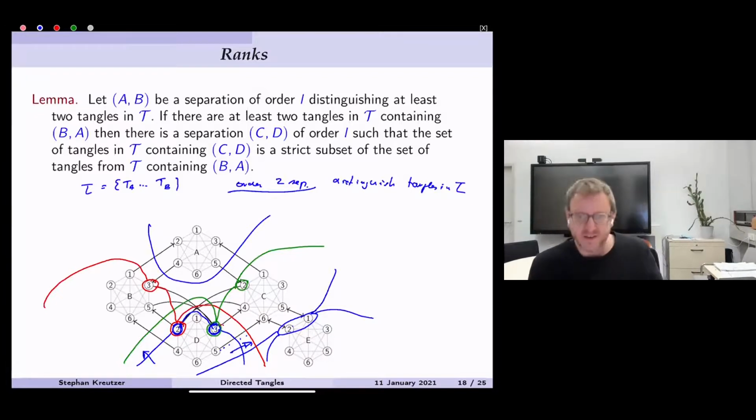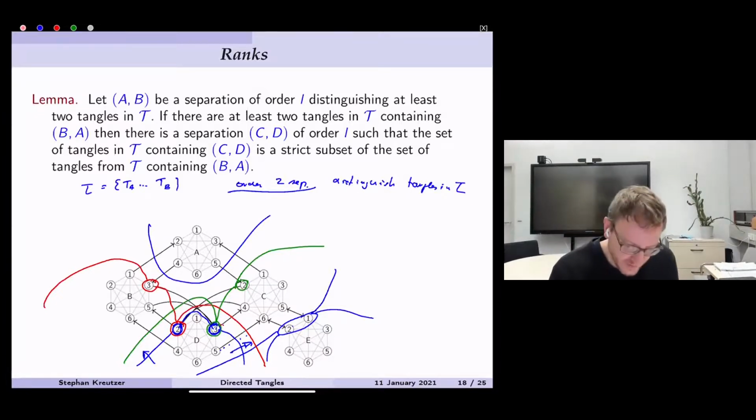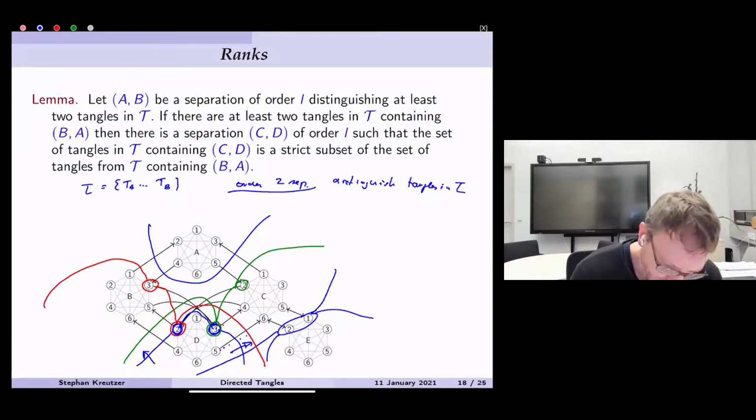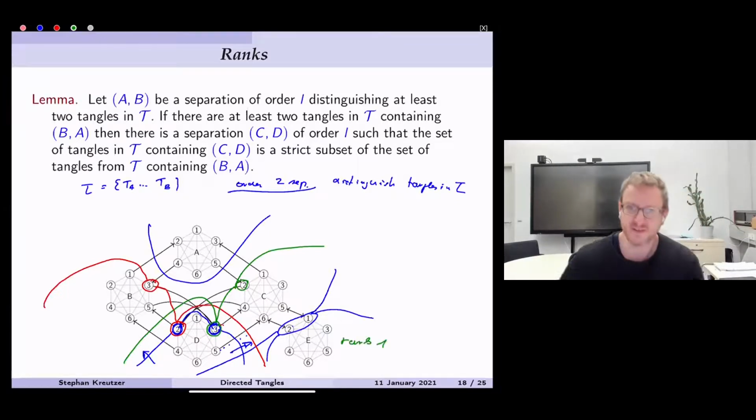And so what we see is different types of tangles in here, because there are some which you can just separate from everyone else. And then some where you can't separate them by minimum order from everyone else. And so we assign ranks to them. So this would be a tangle of rank 1, because you can separate it from everyone else.